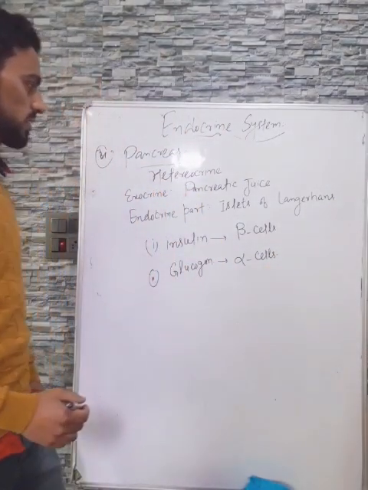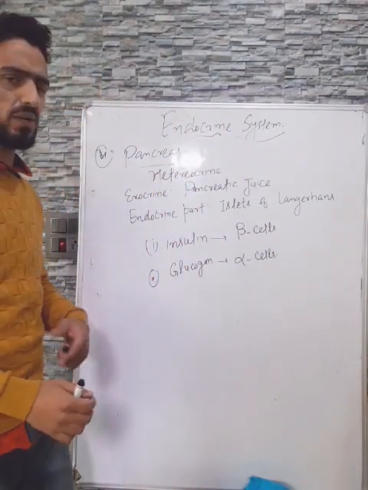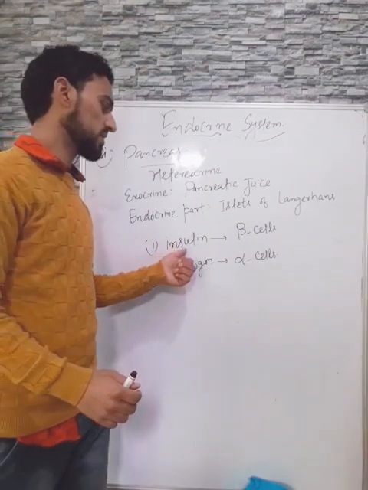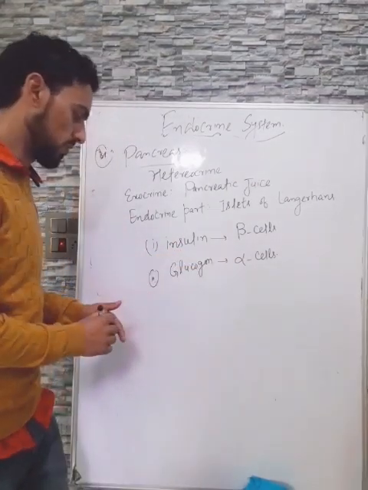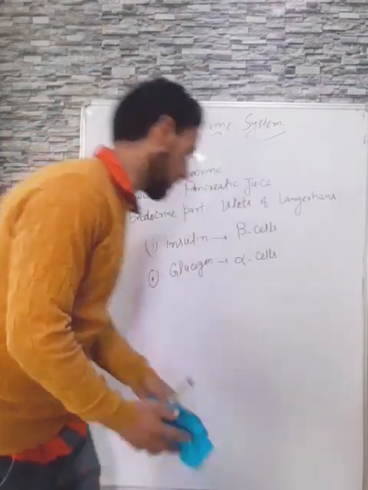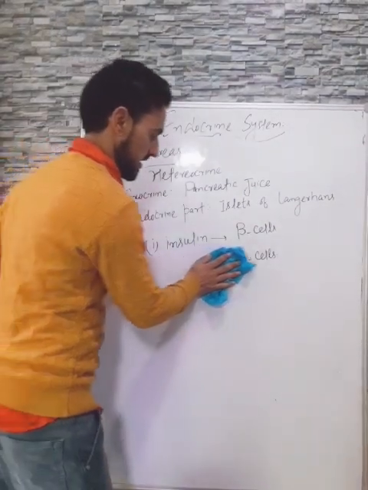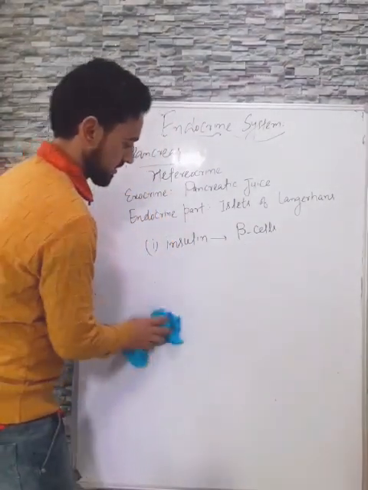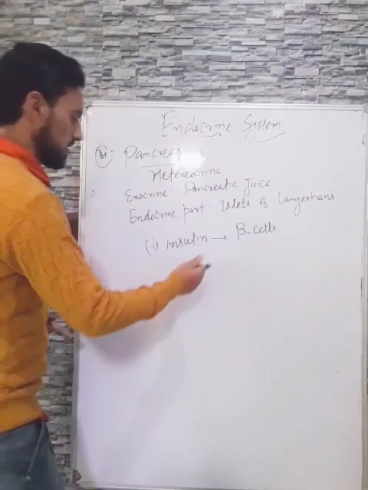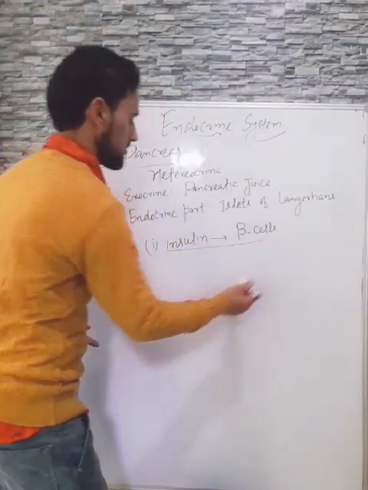This much about insulin and glucagon. And after that, now what is the function of insulin and what is the function of glucagon? Let us take a look at the functions of insulin.